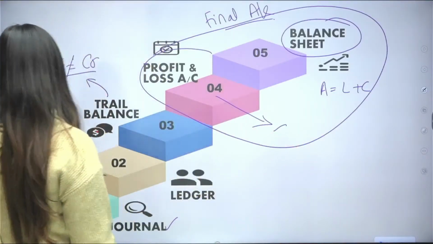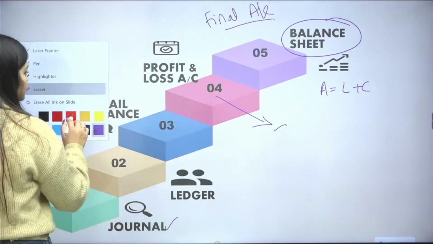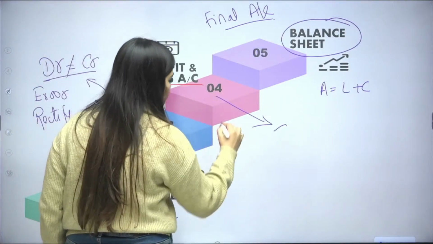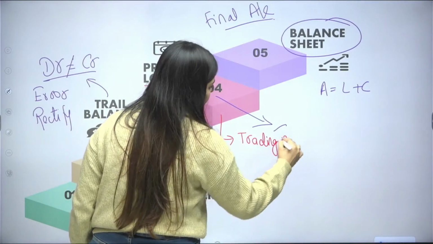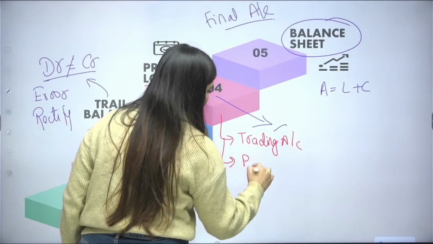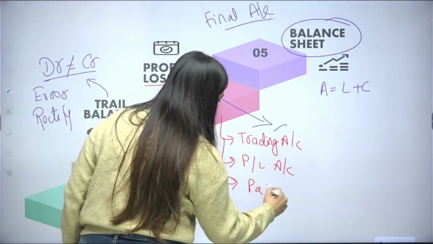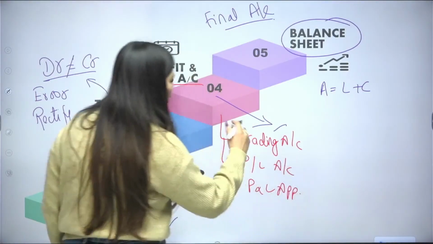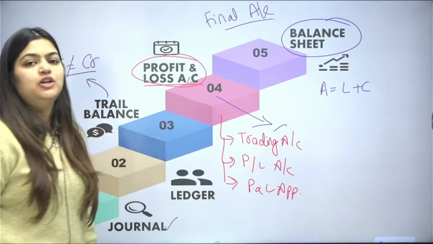So let me tell you, when you talk about trading account, when you talk about P&L account, profit and loss account, and profit and loss appropriation account, all are subdivisions of this P&L account.